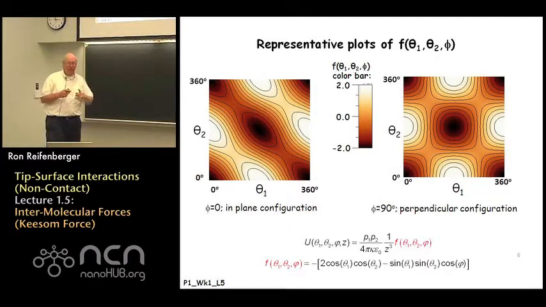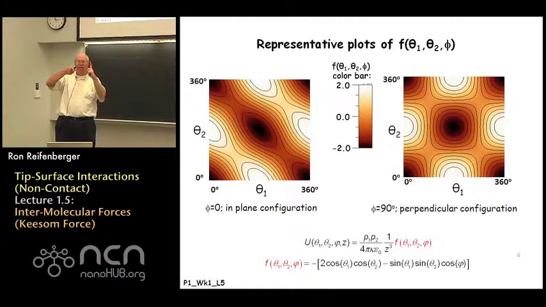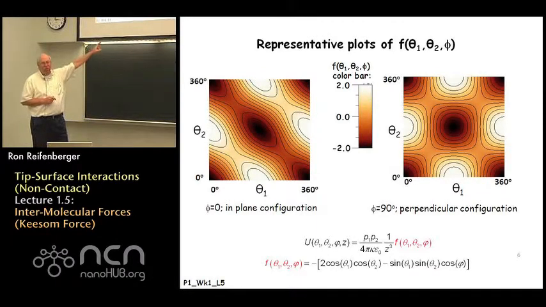The plot on the right is the result when dipole 2 is oriented at 90 degrees with respect to dipole 1. And what these plots show you is, first of all, how this function f varies between -2 and +2. That's indicated by the color of the plots.